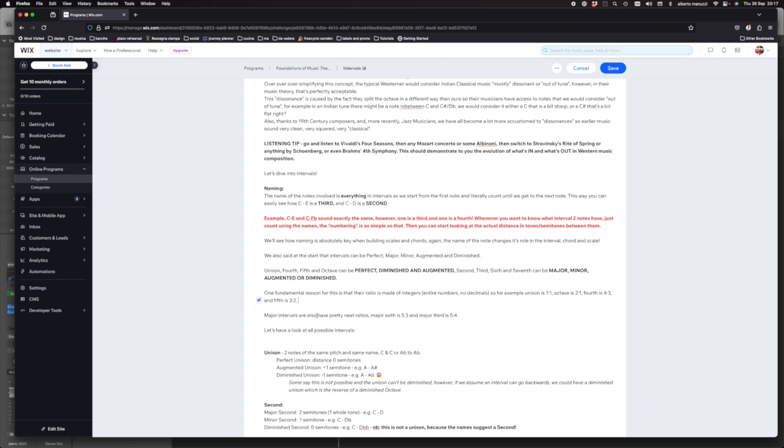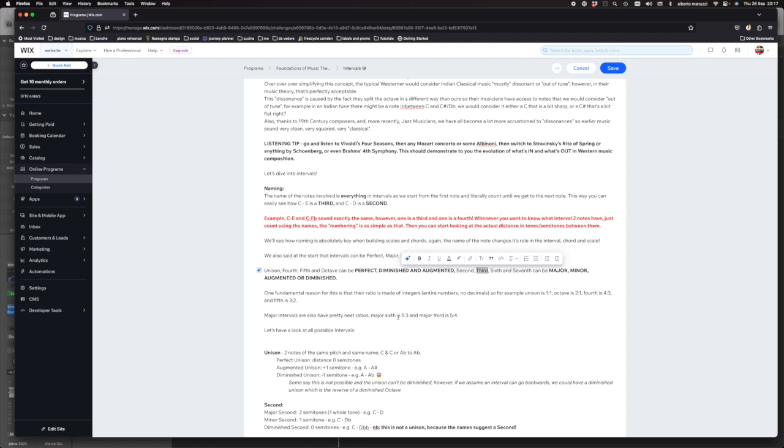All right, so seconds, thirds, sixths, and sevenths can be major, minor, augmented, or diminished. Especially thirds will become very, very important when we start building chords, because chords are built by stacking up notes that are a third from each other.